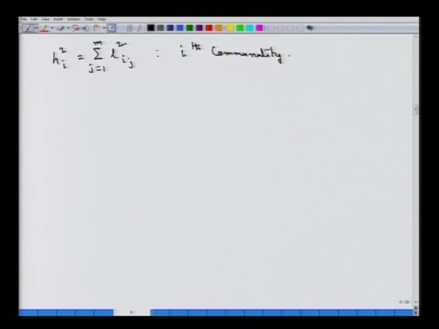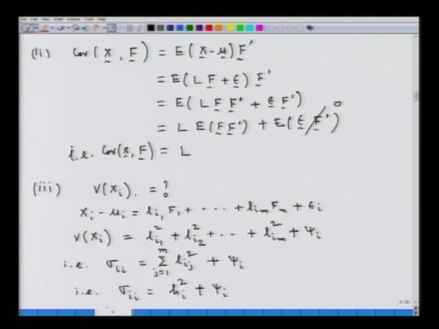Now, what does this ith communality tell us? Sigma ii is the variance of xi, and the ith communality Hi square is this particular sum. So this is the term which explains the variability in the xi variable.